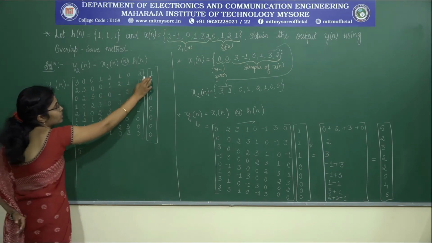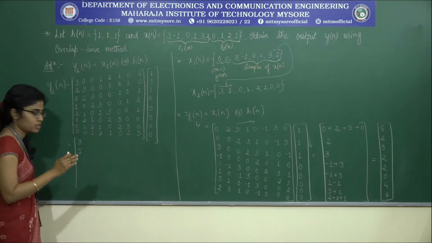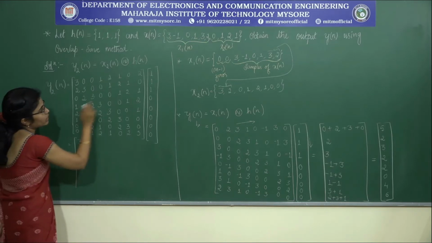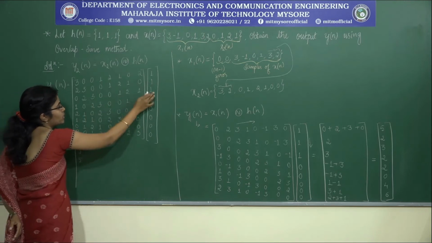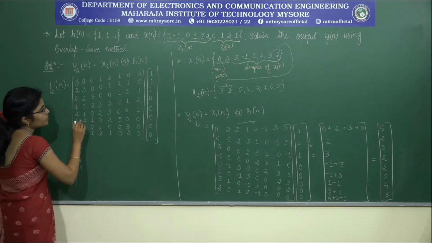Coming to this, 0 into 1 is 0, 2 into 1 is 2, 3 into 1 is 3, so 2 plus 3 gives us 5. I am writing it directly. Again 1 into 1 is 1, 0 into 1 is 0, 2 into 1 is 2, so 1 plus 2 gives us 3.